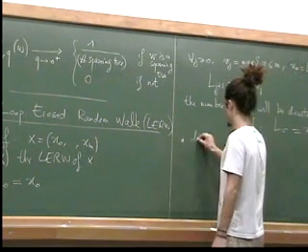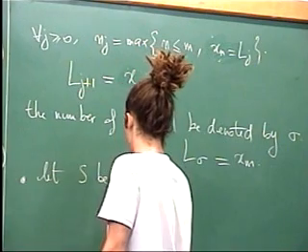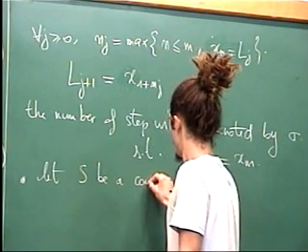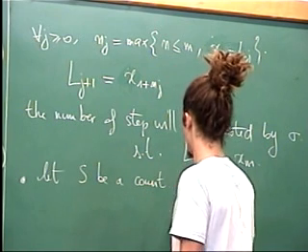So let S be a countable space. So this is the state space of your Markov chain.